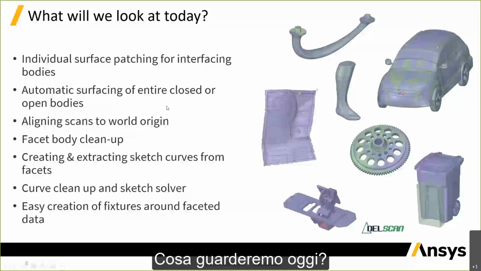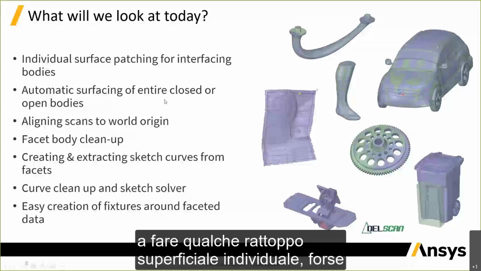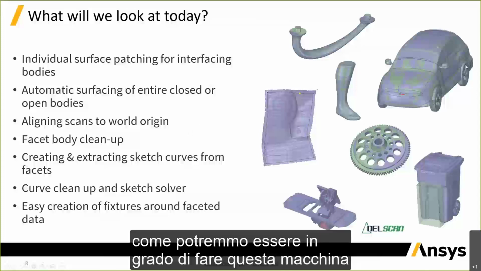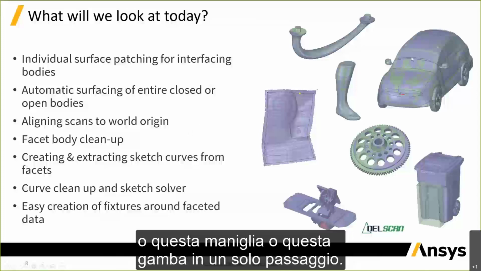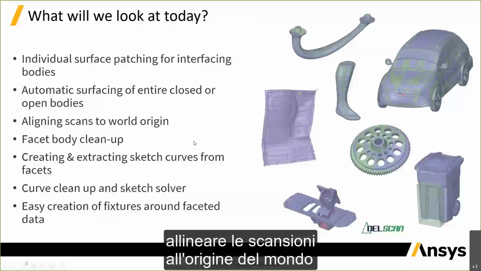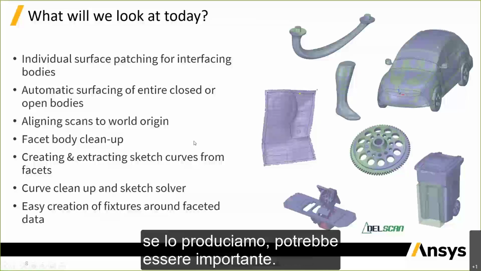What are we going to look at today? We're going to take a look at doing some individual surface patching, perhaps for making a mating part or an interfacing part. We'll look at automatic surfacing, how we might be able to do this car or this handle or this leg in one step. We may need to align scans to the world origin if we're going to manufacture it. That might be important.